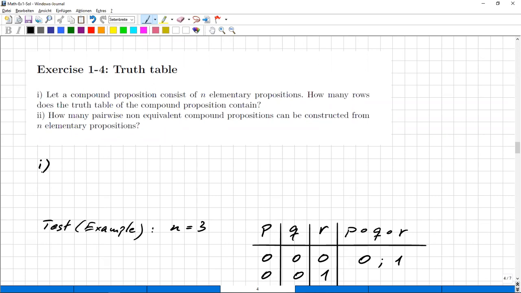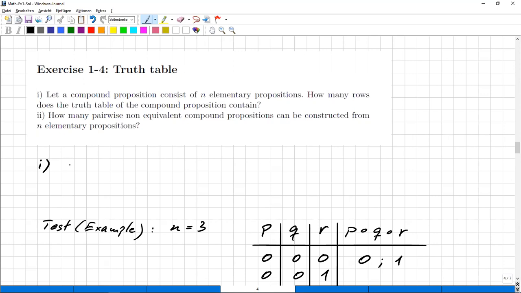The answer is relatively obvious. Does somebody have an idea?